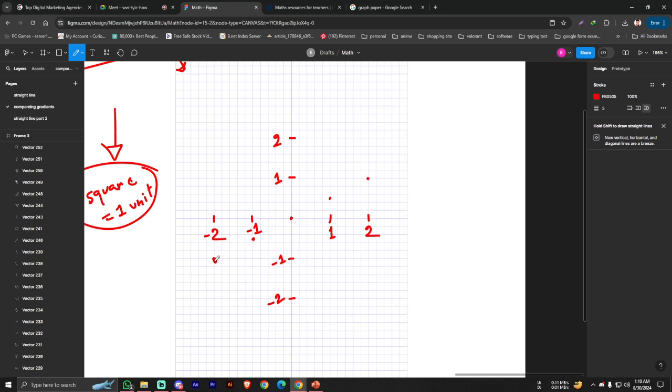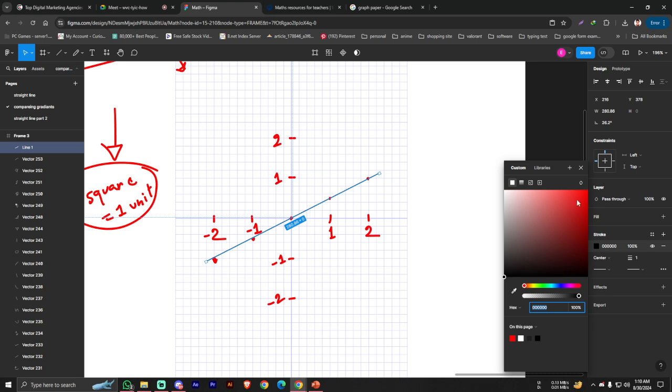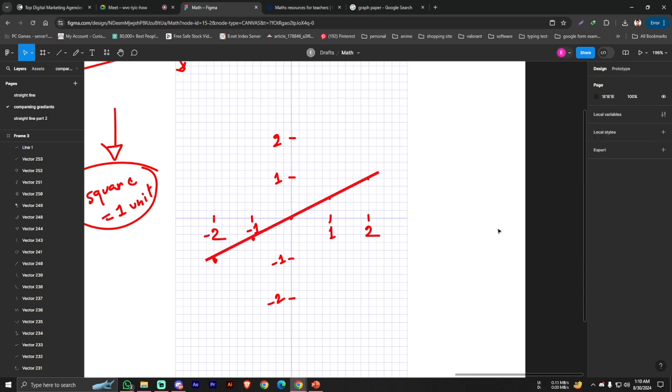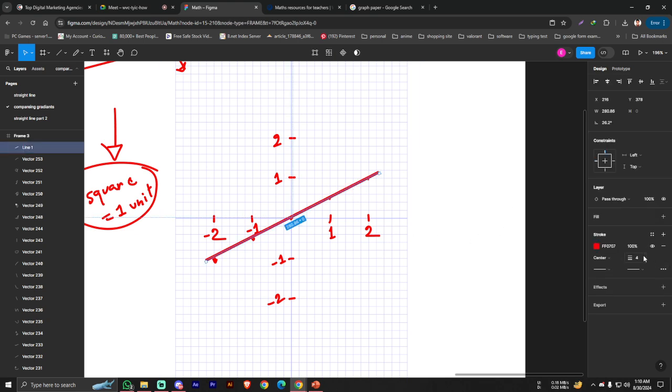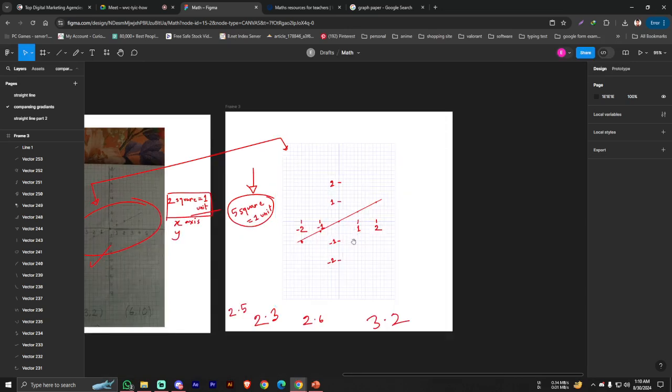Now if we connect them, or maybe take a straight line for reference, the graph is something like this one.